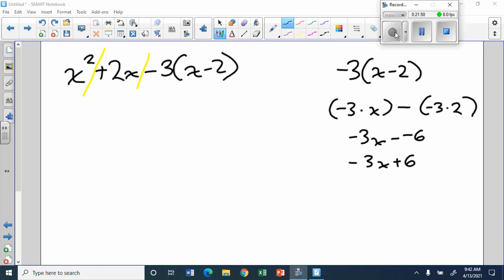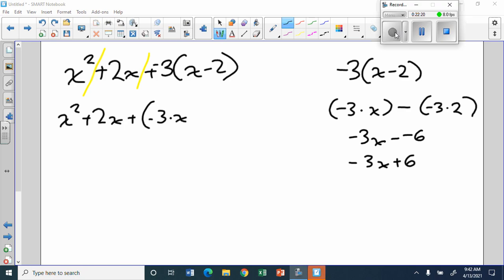Try. Okay. Now, what I did here is I separated it. I'm going to take this piece right here, and I know it becomes this. Because negative 3 times x is negative 3x, negative 3 times negative 2, negative 3 times a 2, with the minus here becomes a positive, okay? So if I come over here, I get x squared plus 2x plus, because remember, this is really plus and negative.